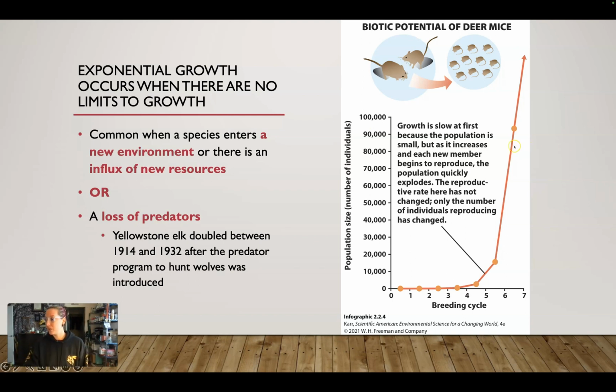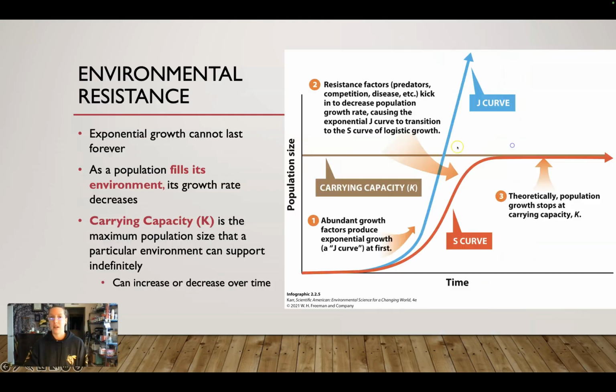But we also know that there can be environmental resistance within this idea as well. Exponential growth cannot last forever. It just mathematically cannot exist that way. So as a population fills its environment, the growth rate will eventually decrease.